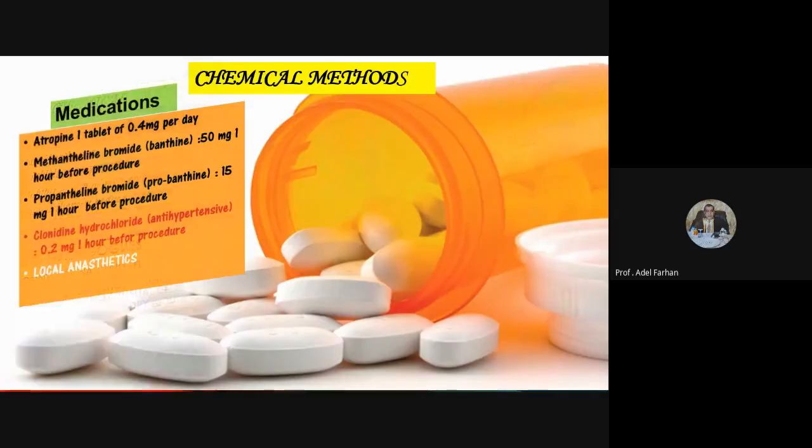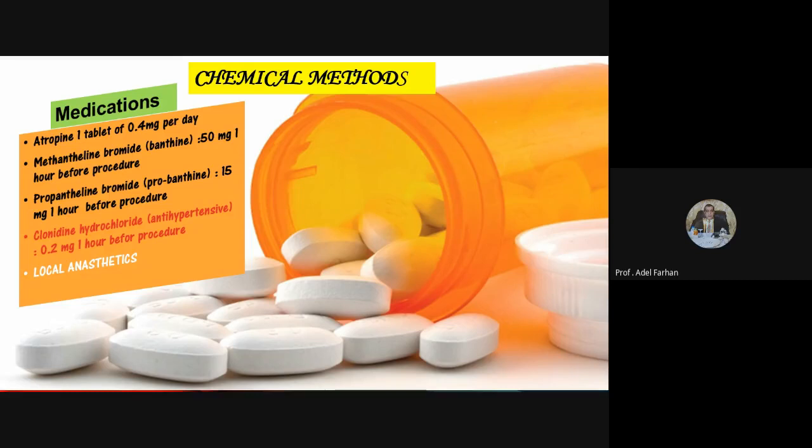We have different drugs that can be used. We have atropine, we have methantheline bromide, and we have propantheline bromide. All these drugs can be used to control salivation. You can give the required dose to the patient before you start work.